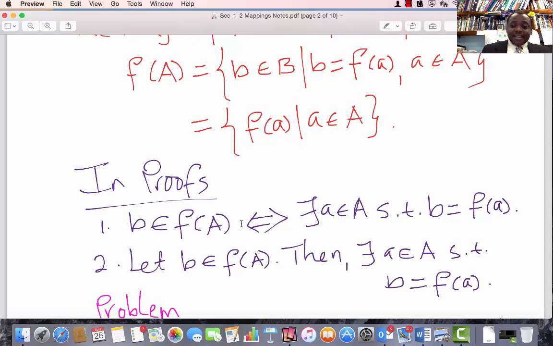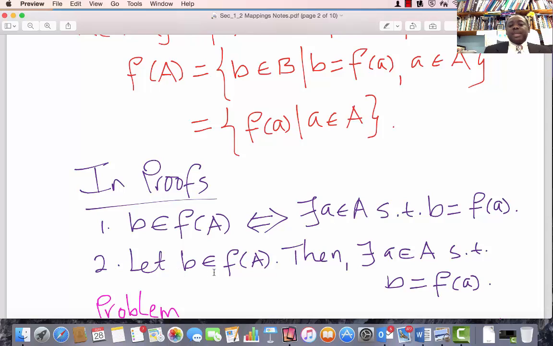It means that there exists an element a in A such that B equals f of a. Or if you are proving something with respect to the image, what do you say?